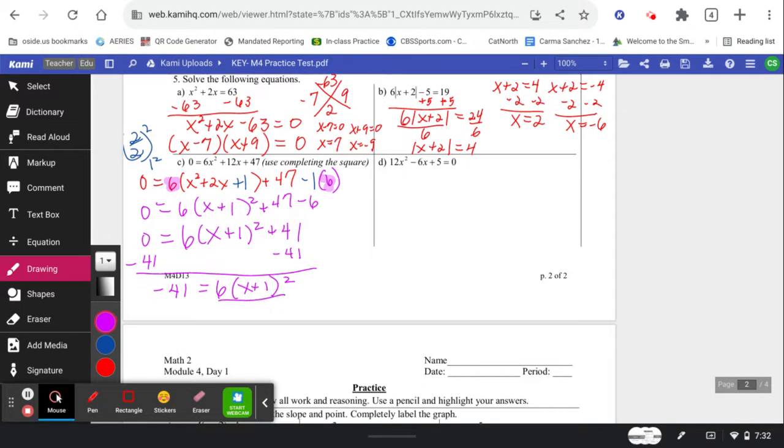We're going to be dividing by 6. We're going to get negative 41 over 6 equals x plus 1 squared. We're going to root both sides. x plus 1 is equal to this old yucky fraction. Minus 1 from both sides. We get negative 1 plus or minus i root 41 over 6.